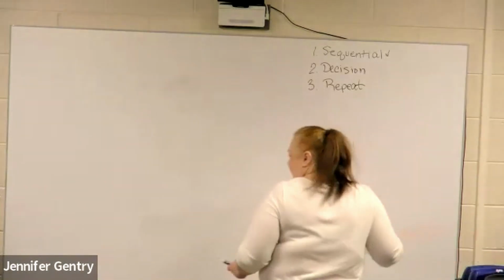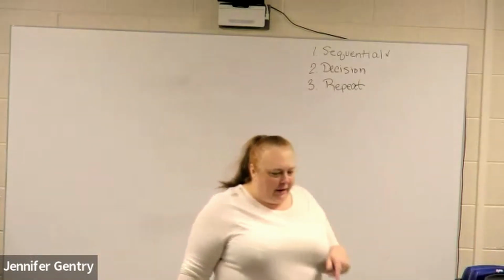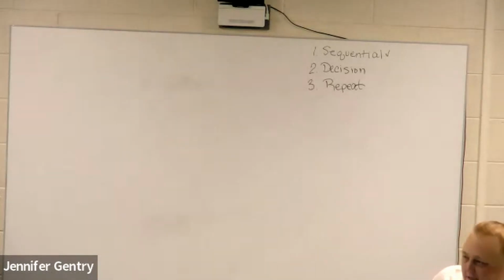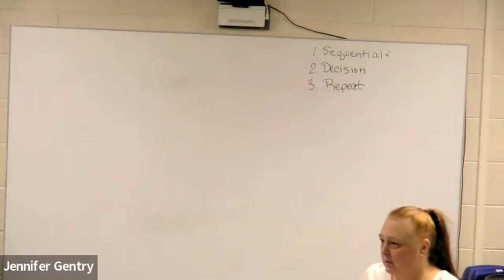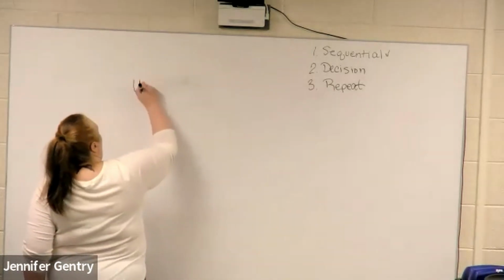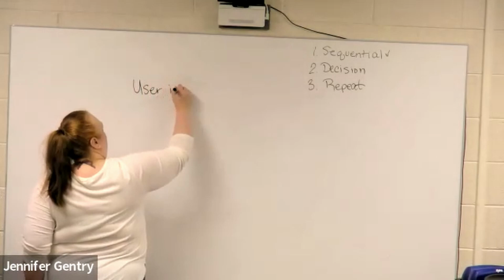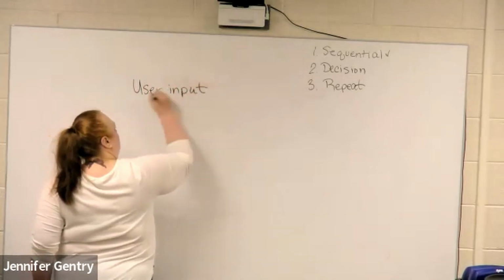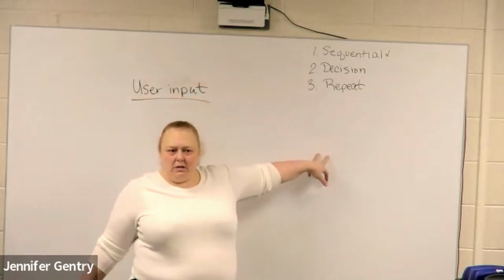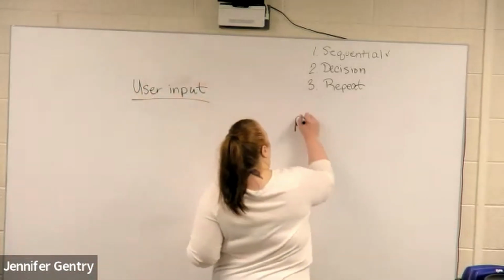So one thing, we've learned how to print, right? How are we going to take user input? Okay. So let's do this real quick. So user input. Okay. What did we use to output? What command did we use? Printf.